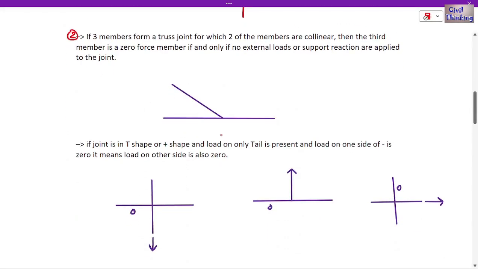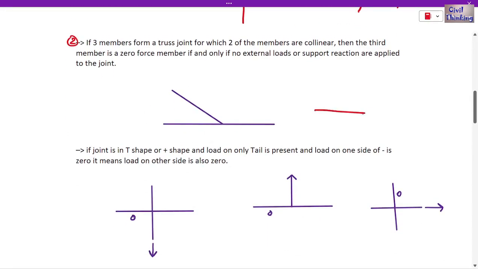Now when you have a condition like this, one member, this is the joint. This is one member, this is another member. Now these two are collinear, meaning they make an angle of 180 degrees, and there is another member at any angle, maybe perpendicular, or at some angle, whatever it is.